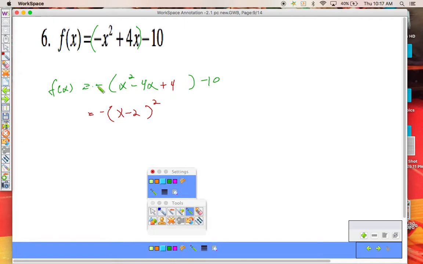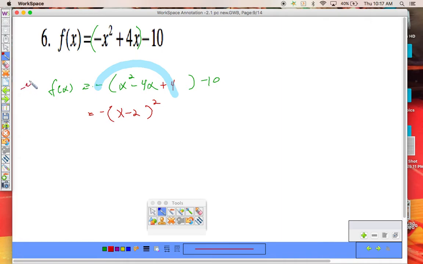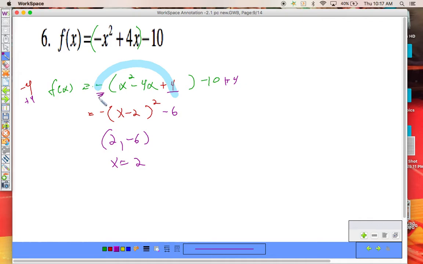But that 4, if I were to distribute, is really a negative 4. So to bring it back, I get a minus 6. So half my middle squared, and then I need to distribute that number and get a minus 4 and bring it back. So now my vertex is 2, negative 6. My axis of symmetry is the x value of that, which is 2. And it's going to open down.